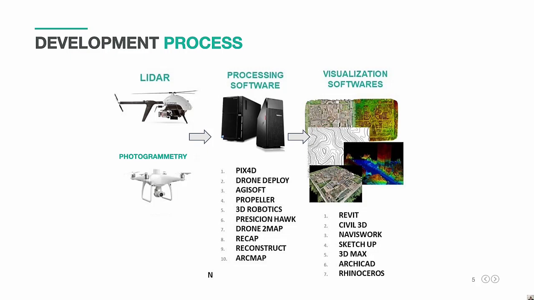After processing, they produce certain outcomes according to the software you are willing to use. The outcome can be for Revit, Civil 3D, Navisworks, SketchUp, 3ds Max, ArchiCAD, Rhinoceros, and any other type of software, but it depends on what you actually want to do with the data.